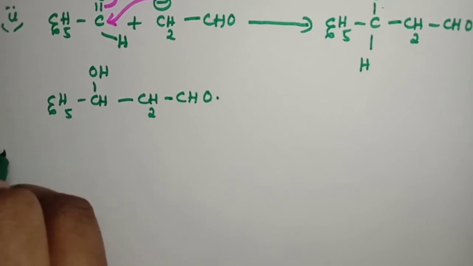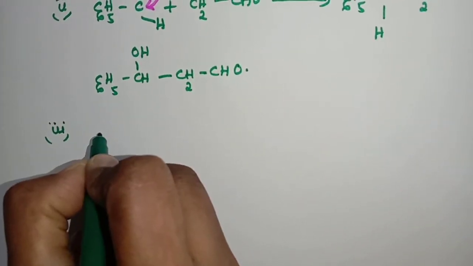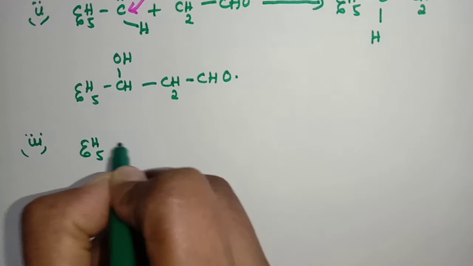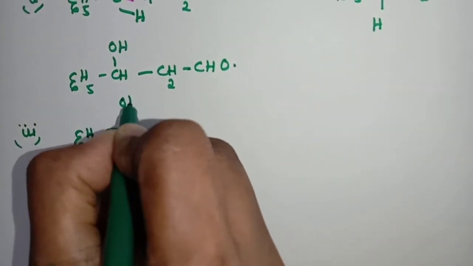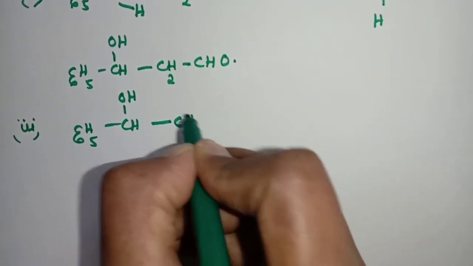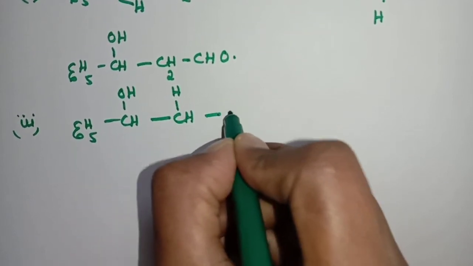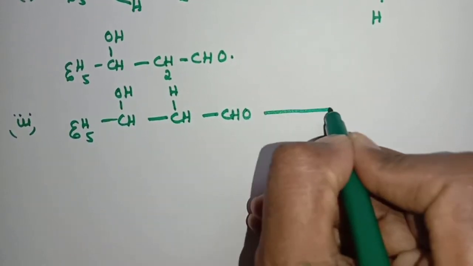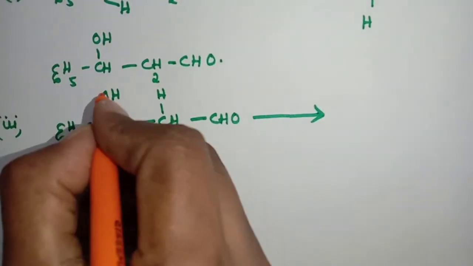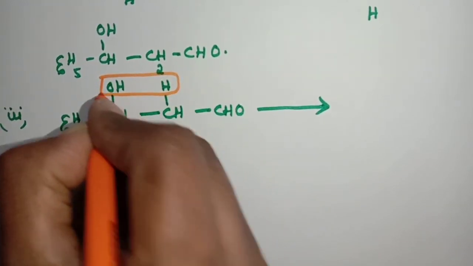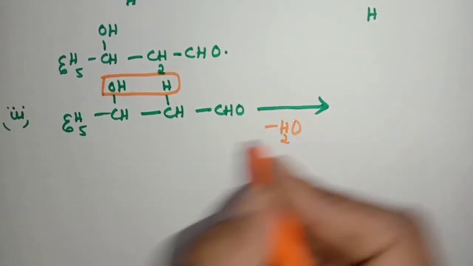Okay. So finally, removal of water. C6H5 CH OH. Write this hydrogen separately, CHO. Okay. So OH and H comes out as minus H2O.